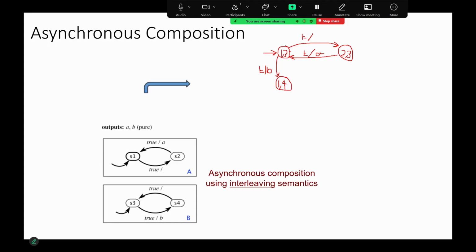Sorry, from where to where? Uh, 2, 4. Okay. From where? From where? 1, 4 to 2, 4.